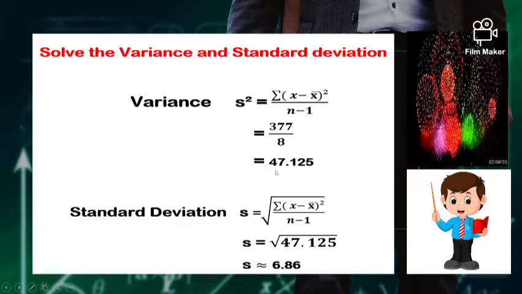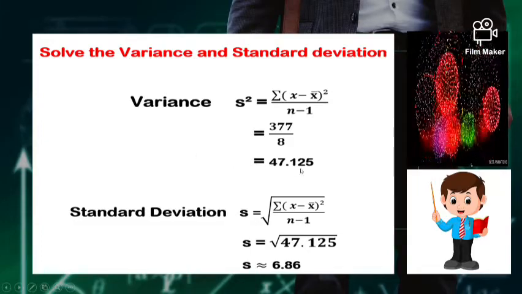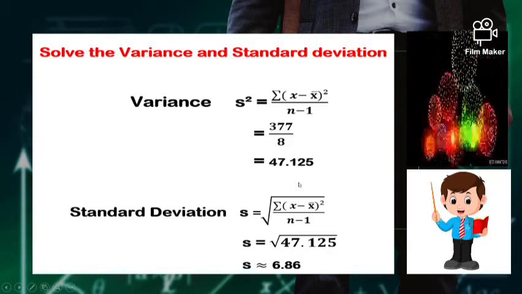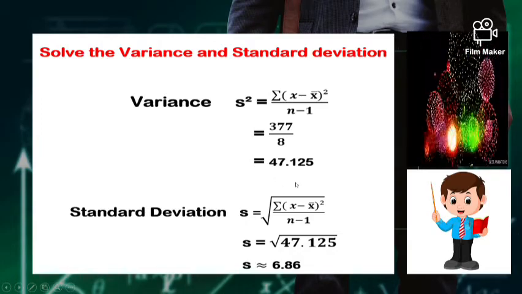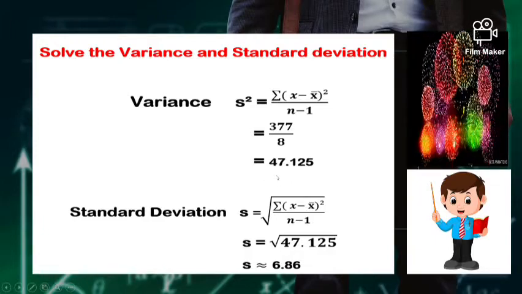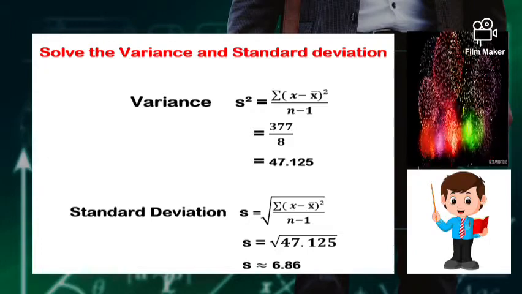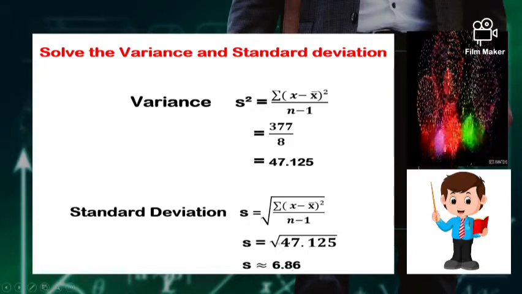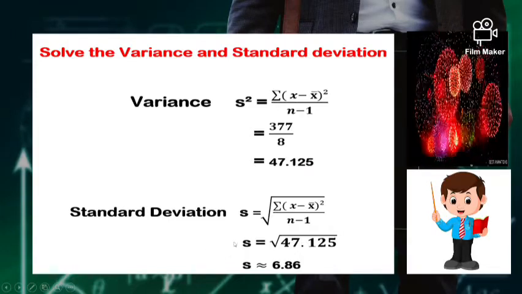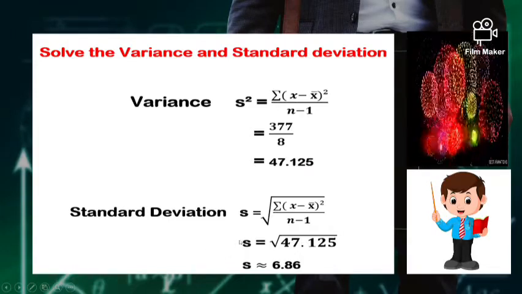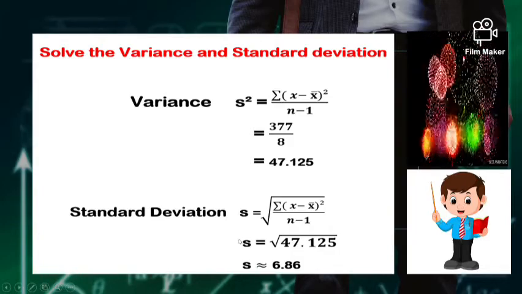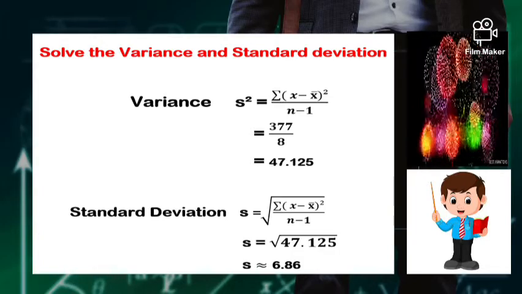And take note, this 47.125 is interpreted as the degree of how far or how near the scores are to the mean, the difference. It can be a significant difference. And the standard deviation will just tell you how scattered a cluster of scores is from the mean.